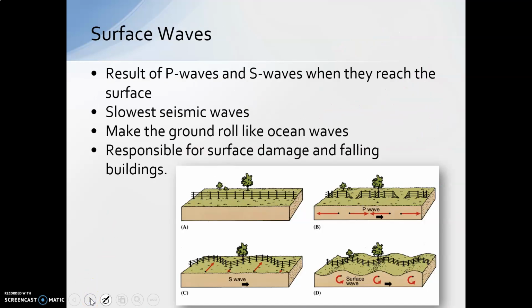All right, so surface waves are the results of P waves and S waves when they reach the surface. So they are the slowest seismic wave, and they make the ground roll like an ocean wave. So A would be no earthquake. B would be the P wave, side to back and forth motion, a little bit of damage. S wave for C is the secondary wave where it's side to side.